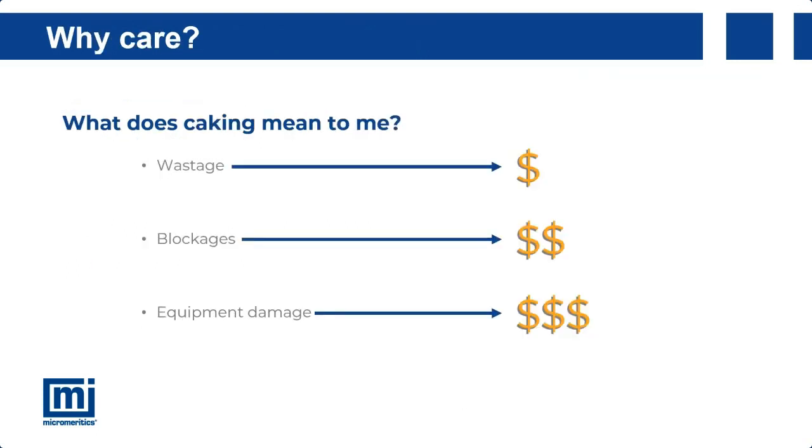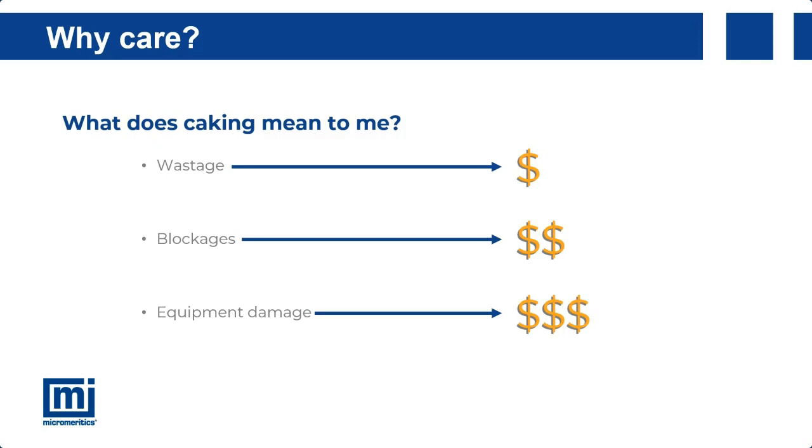Before we dig into the causes and effects of caking, let's take a moment to understand why caking presents such a problem to industry. Firstly, caked powders which cannot subsequently be used must simply be wasted, which is undesirable in itself. However, perhaps worse than this is the prospect of blockages occurring after the powder has entered the process. This can lead to downtime and production loss which, depending on the process itself, can be very lengthy if the blockage is difficult to clear.